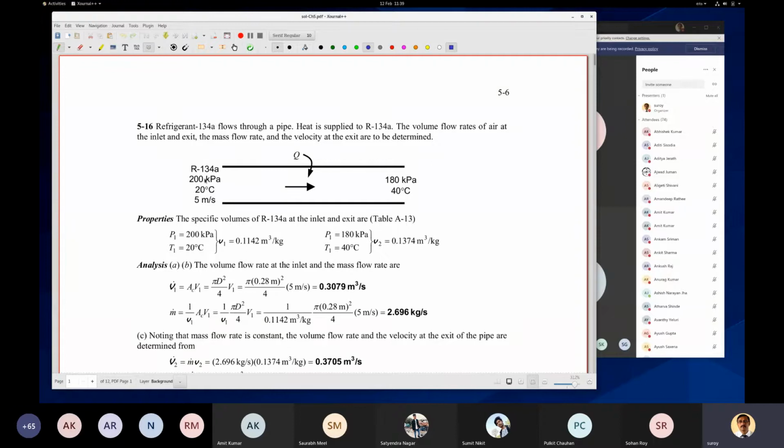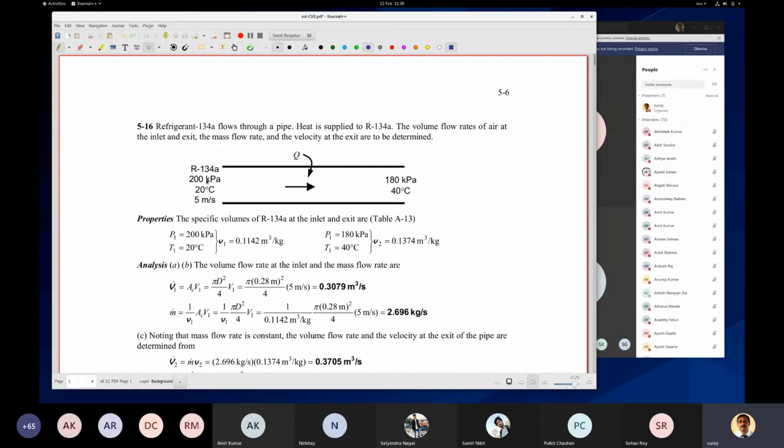So for the properties, once you say 200 kilopascal and 20 degrees centigrade, if this is in the liquid zone or in the vapor zone, you can immediately get the properties. But if it is inside the dome where liquid and vapor are together, then you also need another property called the quality.